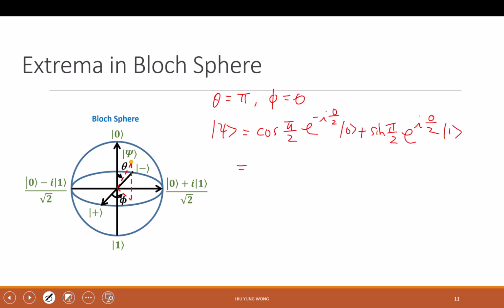This is 0. So I have 1. Because e to the power 0 is 1, sine pi over 2 is 1, so 1, which is correct. Okay? So to describe 1, I just say theta equal to pi. Okay? Let's look at another example.